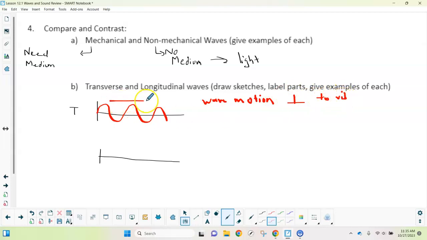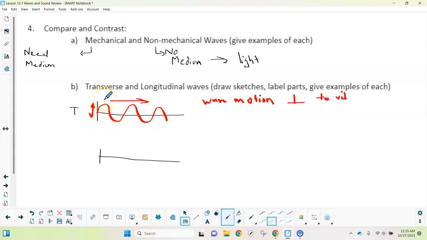So this wave is going across like this, but the vibration is perpendicular to that. This would be an example of when we take the slinky and shake it up and down, and the wave makes that bumpy pattern, but the energy of the wave is carried across, while the vibration is actually up and down.